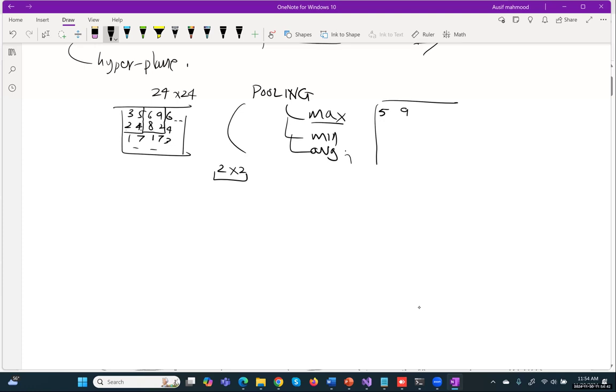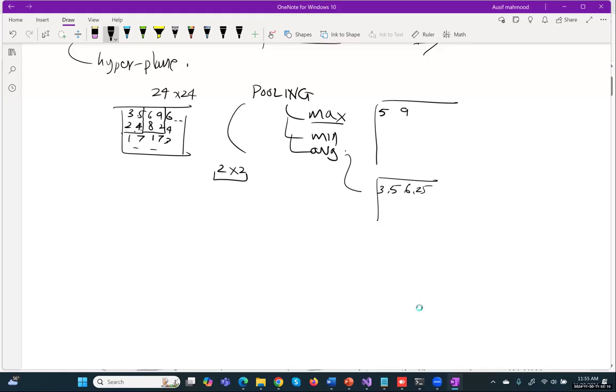If we are doing average pooling, then we take 3 plus 5, 8, plus 2, 10, plus 4, 14, divided by 4. So 3.5 will be the output, right? Similarly, 6 plus 9, 15, and 8, 23, and 2, 25, divided by 4 will be 6.25 as the output, right? And so on.